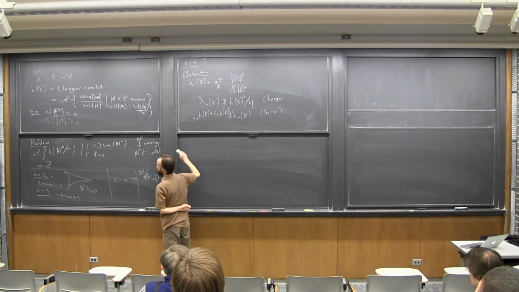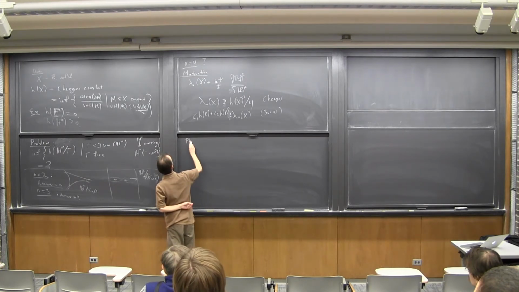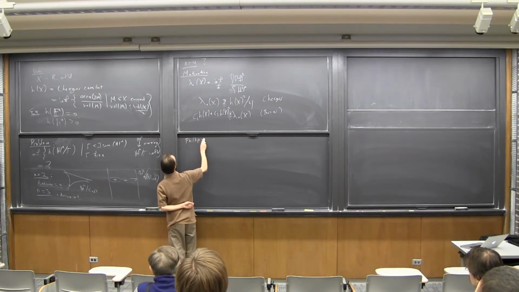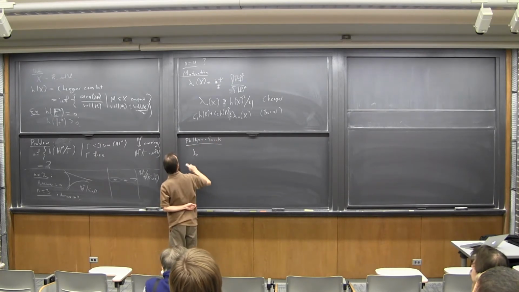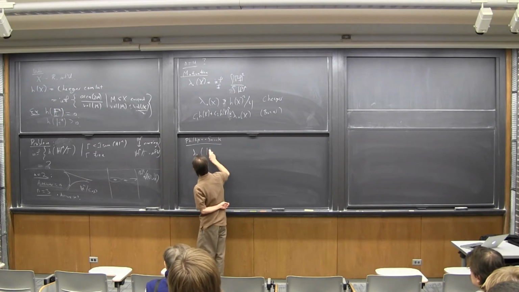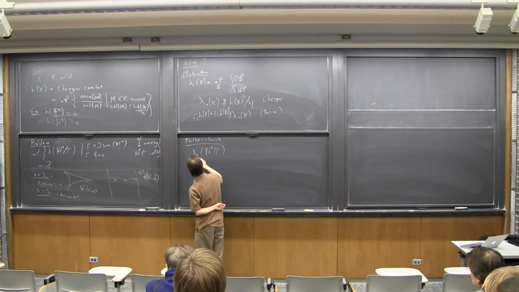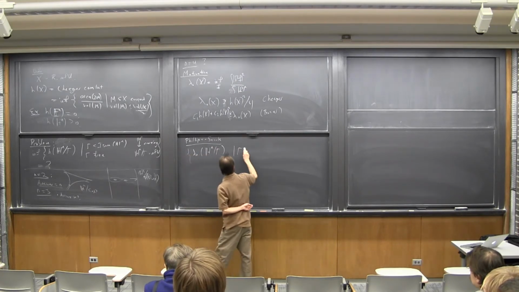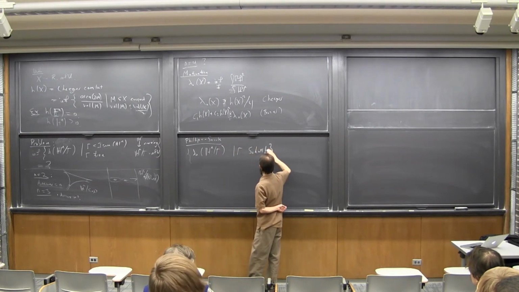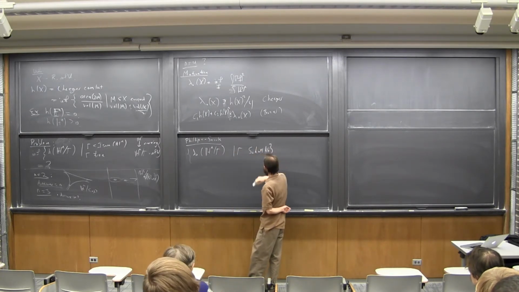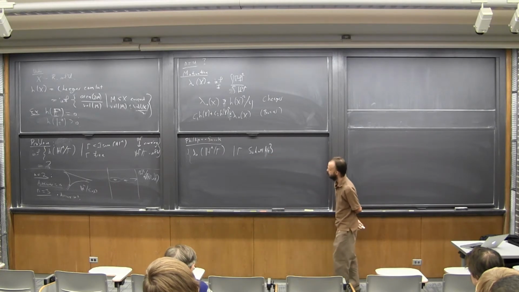So there's a result of Phillips and Sarnak. They were interested in lambda 0 of H^n modulo Gamma, where Gamma is a Schottky group, which is a special kind of free group acting by isometries.